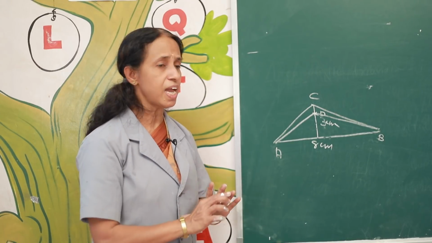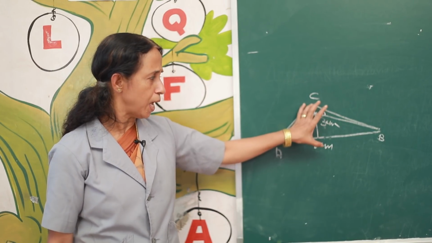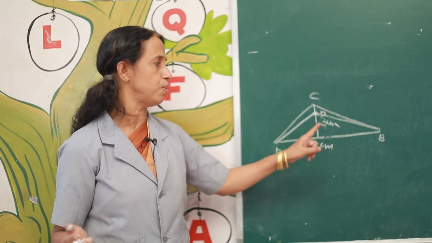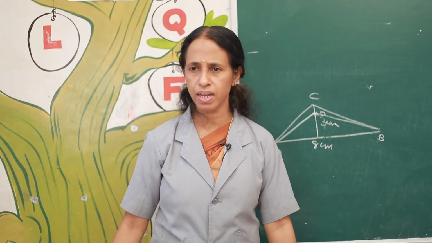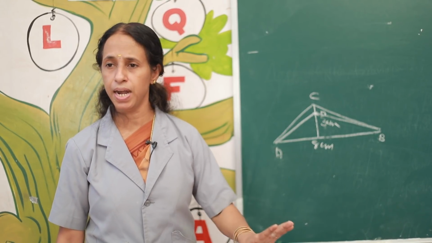The areas of these triangles are not equal. Area of triangle ABC is greater than the area of triangle ADB.